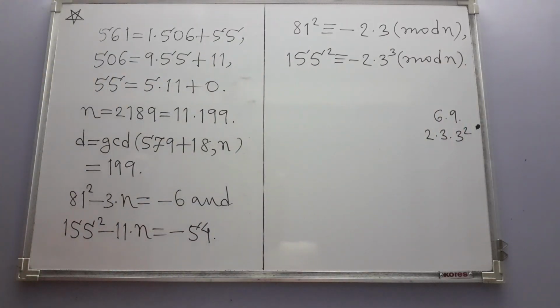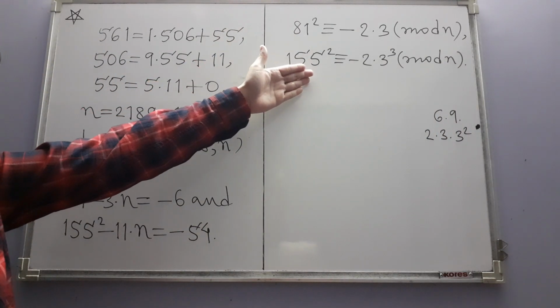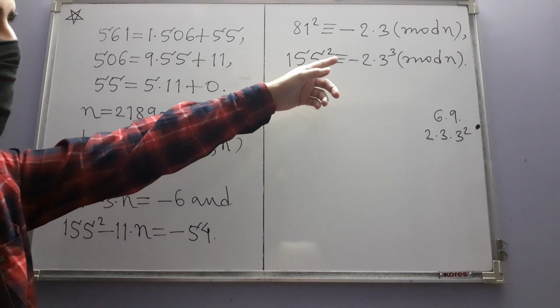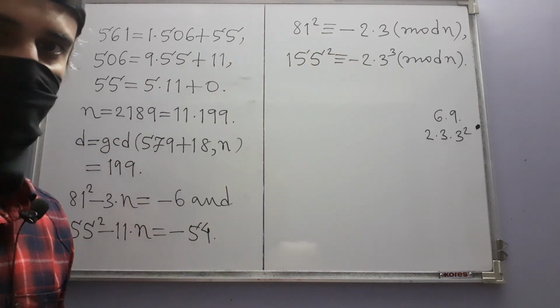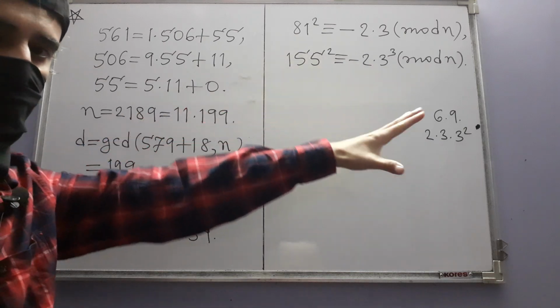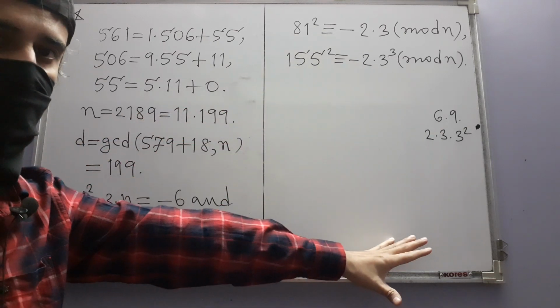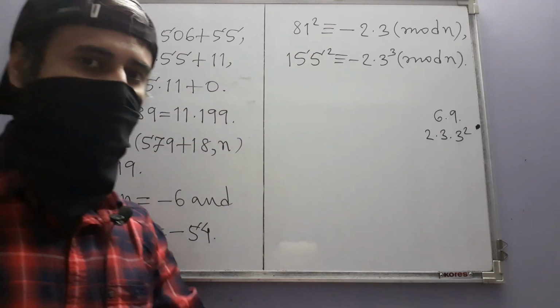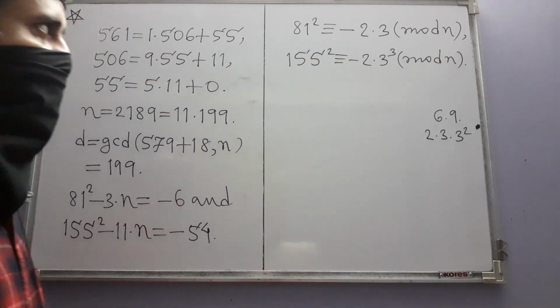So you can see that none of these squares is congruent to a square mod n. Okay, so none of these congruences is in fact what we want. It's not of the form x square congruent to y square mod n.